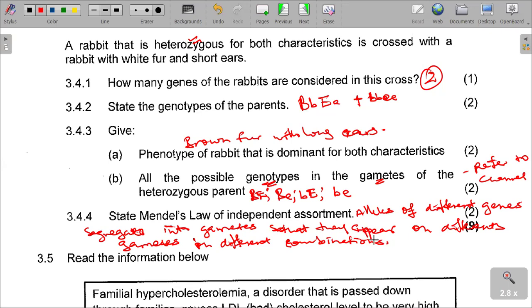That is what is happening in terms of this independent assortment that we are talking about. That's exactly what you need to understand.